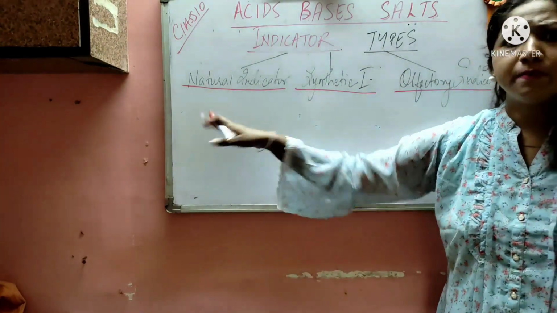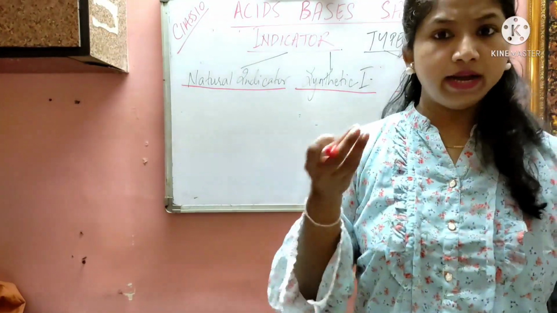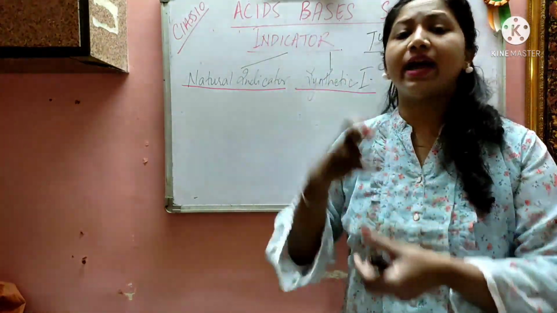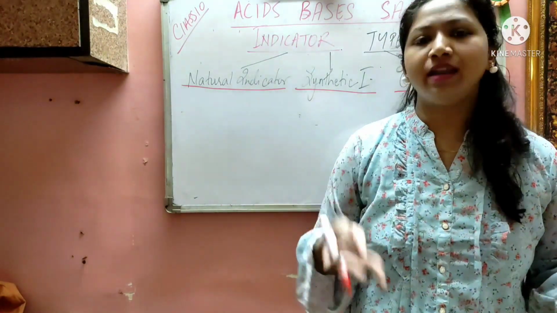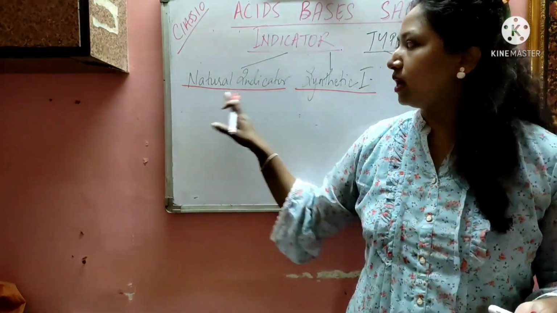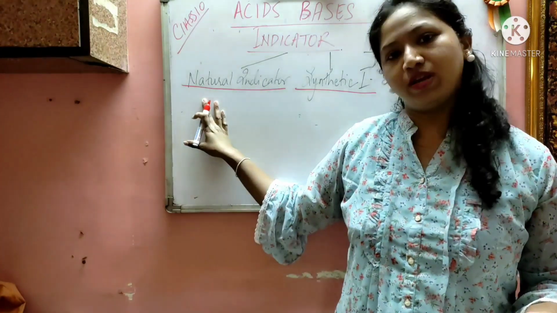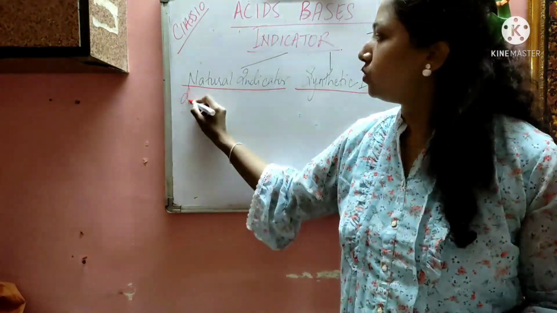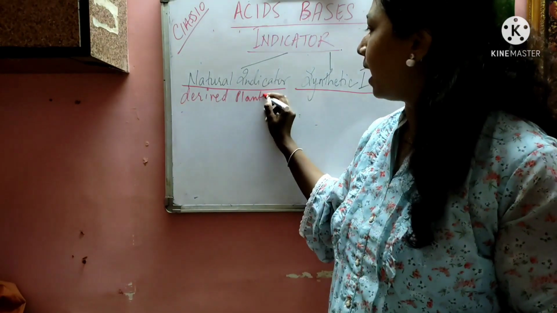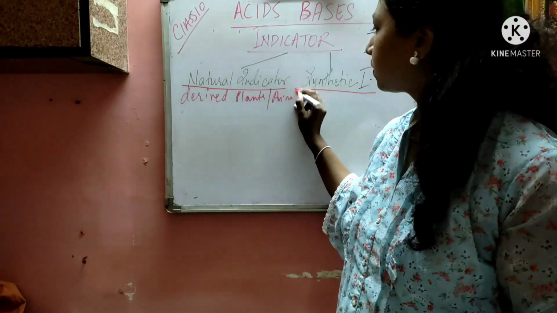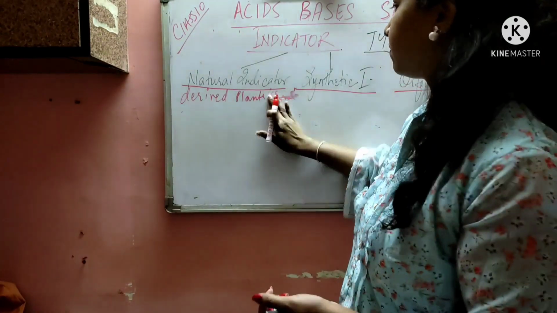What do you mean by natural indicator, guys? The indicator which you derive from a natural source, generally plants.